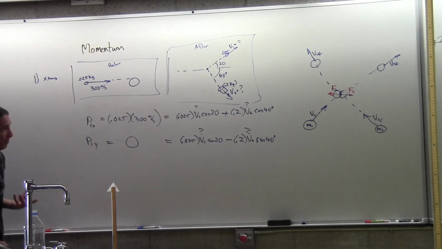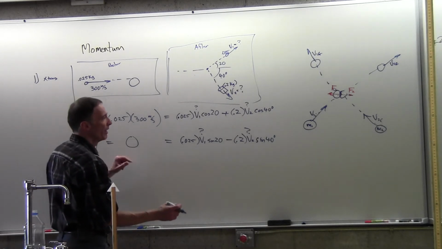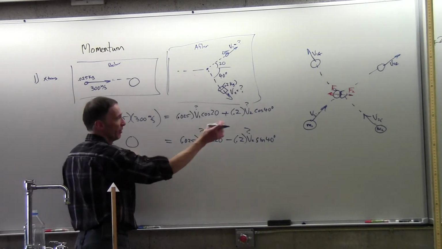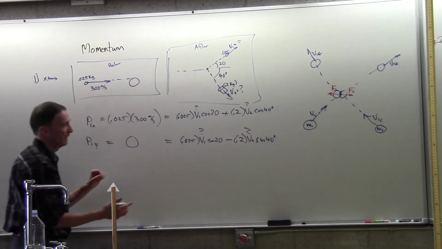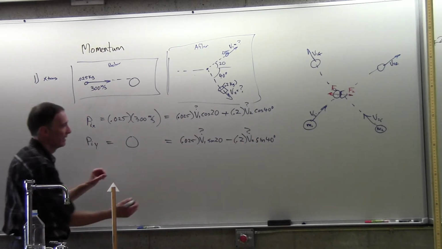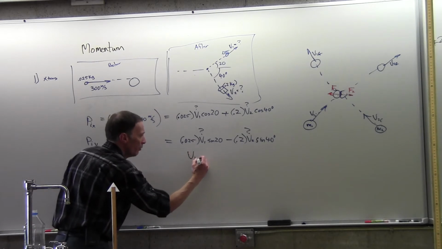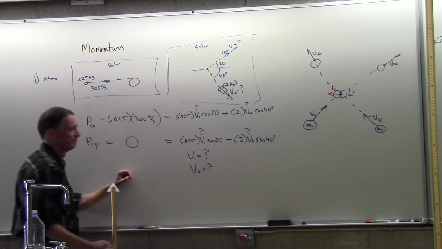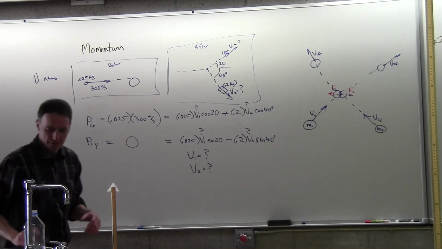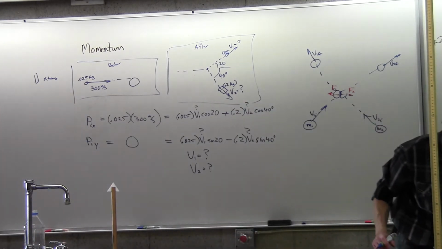Right now it's a math problem, and I'm not going to try to tell you how to do it. Whether you want to solve by substitution, solve one of them, let's say for V1 and stick it in, and solve then for V2. I'm going to leave it at that and just say, well, we'll get V1 is equal to something and V2 is equal to something. And let me just pick up my numbers here that I came up with.